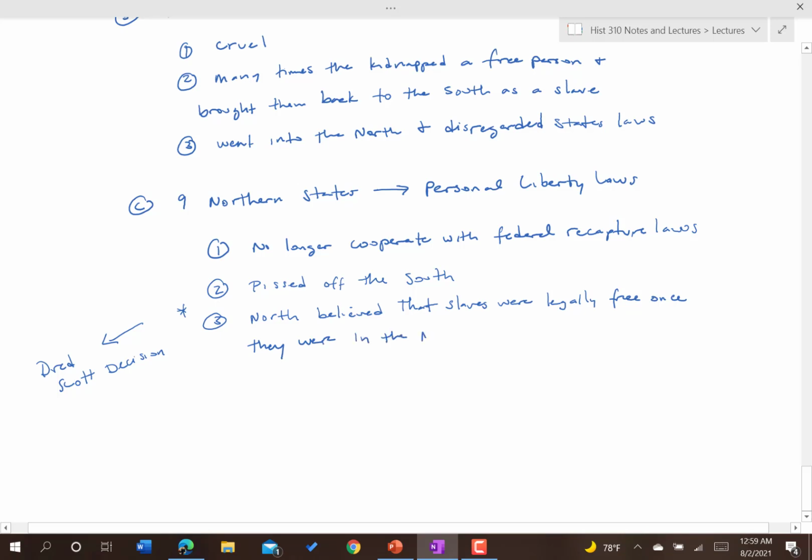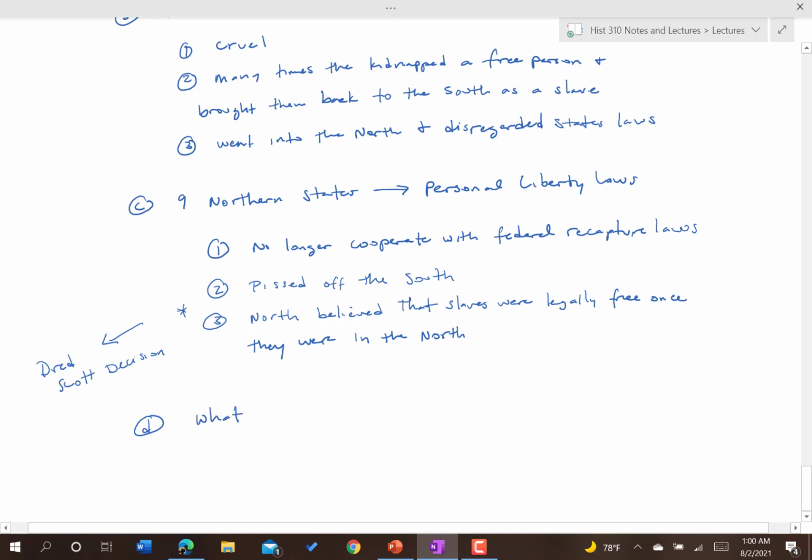Because in the North slavery was illegal. So they said, therefore, that once they made it into the North, they could no longer be slaves because slavery was illegal, which, of course, the South said, no, that doesn't matter within any of this. So the Fugitive Slave Act was created to try to appease the Southerners from further action against the Union.